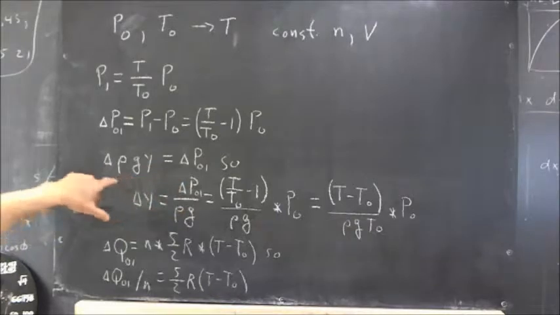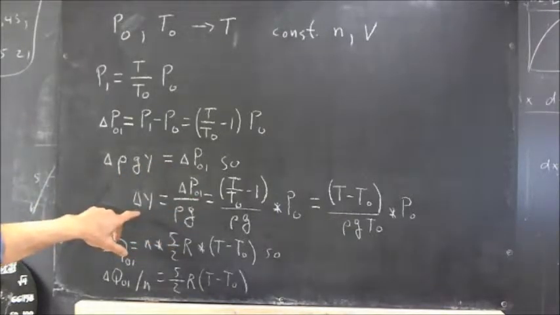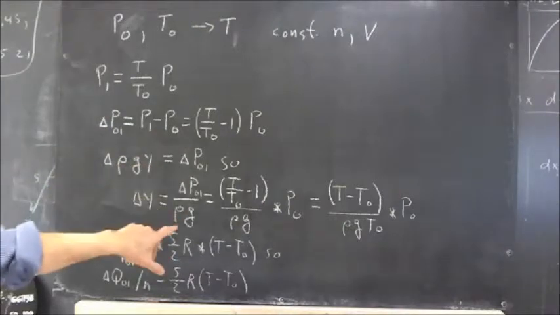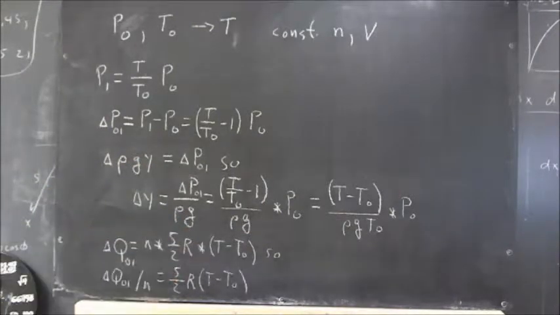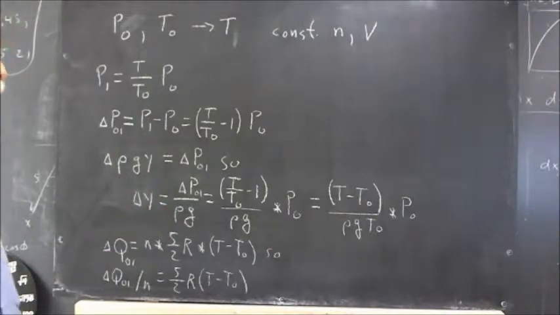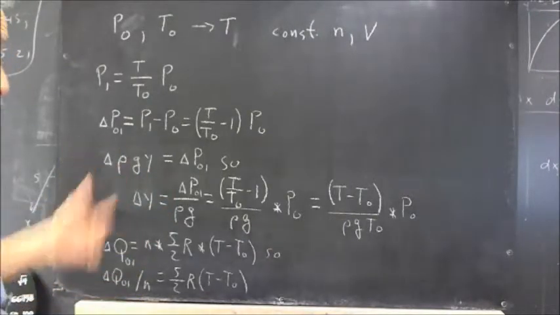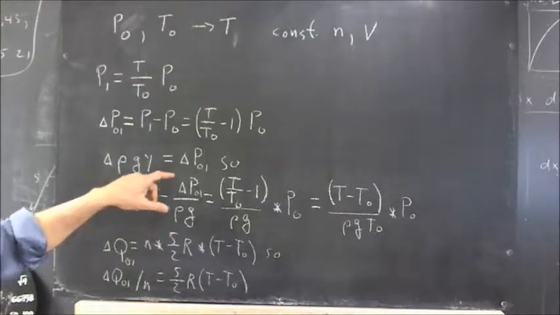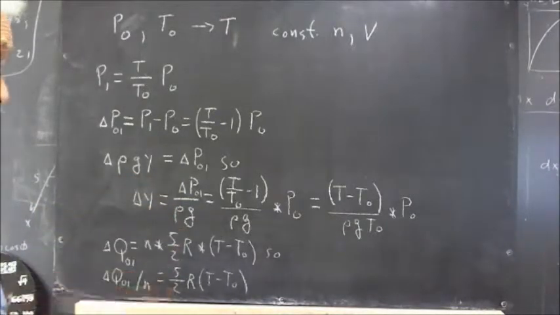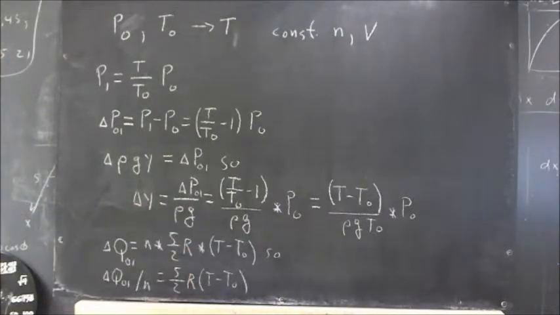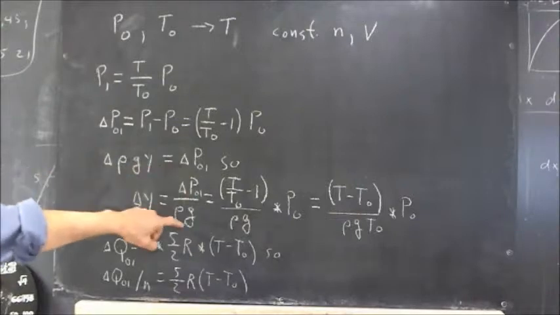But we get this relationship we easily solve, and we find that delta y is going to be delta p divided by rho g. And we check, make sure that has the right units. But rho gy has units of pressure. If we divide something that has the units of rho gy by something that has the units of rho g, we get the units of y. So this is valid.